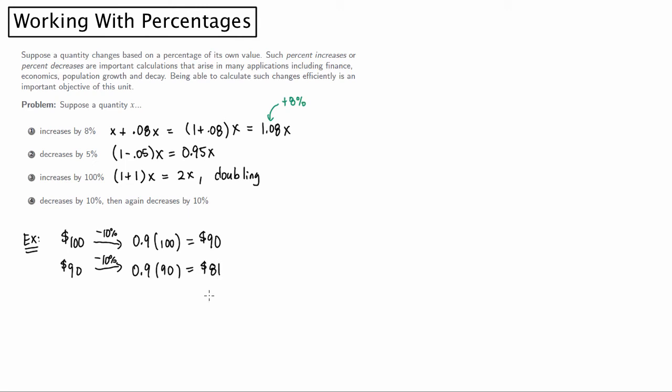And so if you look at what the overall change is, then we changed from $100 to $81. So this is the original price, and this is the new price.